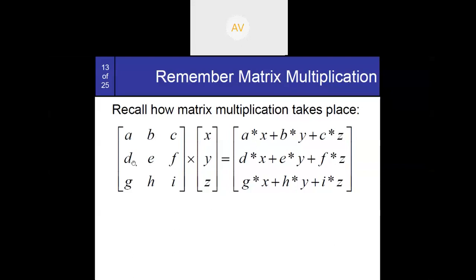Then second row into column, d into x plus e into y plus f into z, you will get this value. Then third row into column, g into x plus h into y plus i into z, you will get this value. Like that, the matrix multiplication. Just remember that you have learned this already.